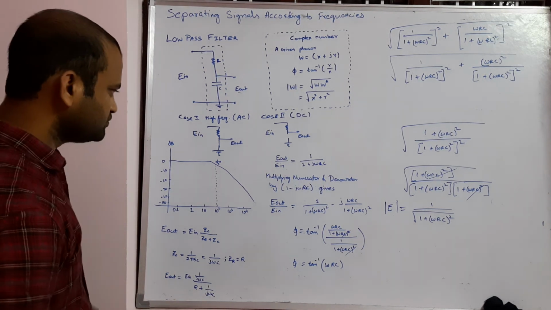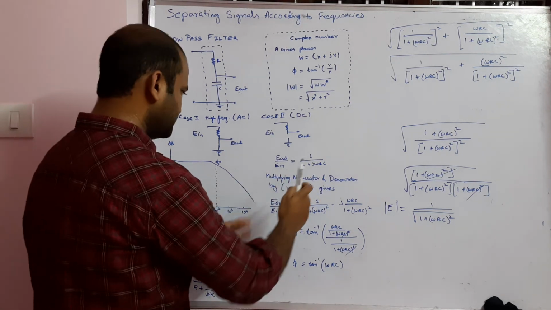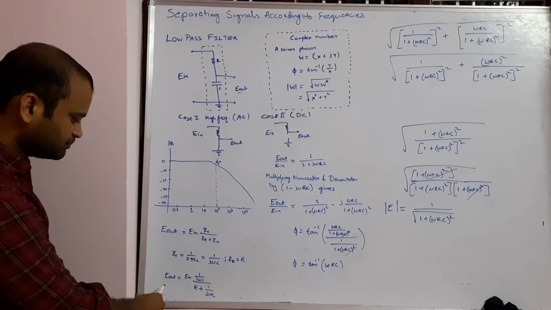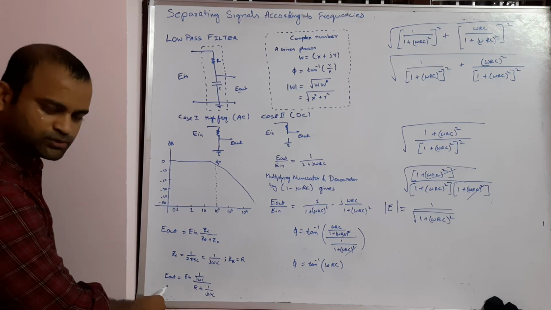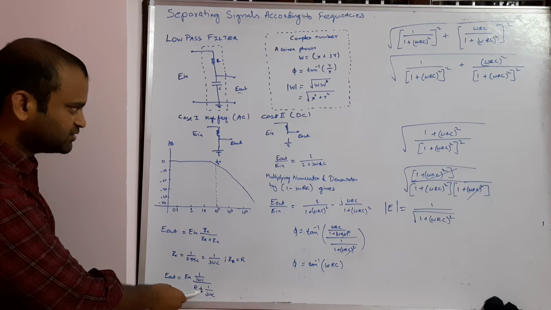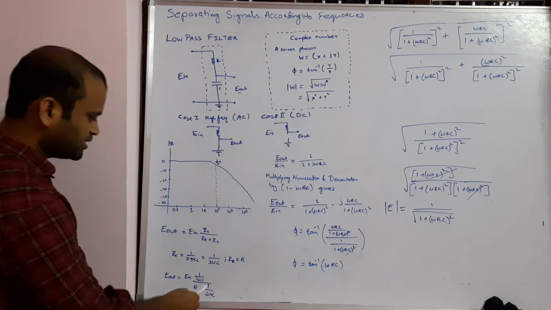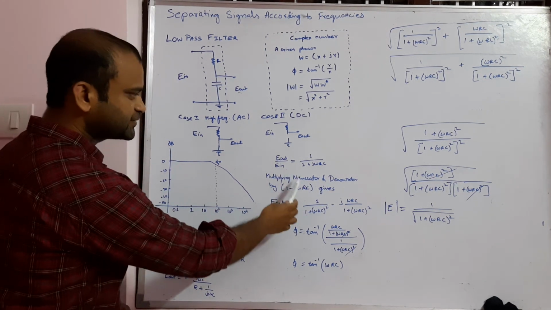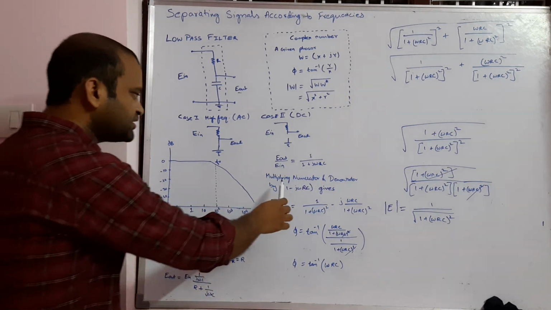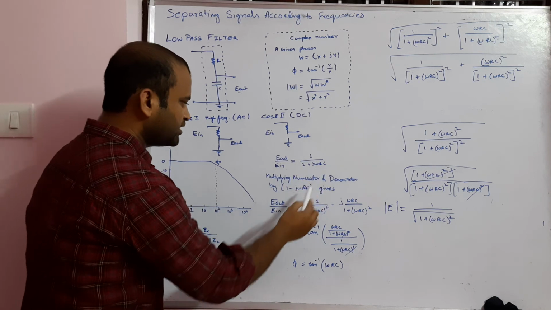Now if we move E in below E out towards the left-hand side and simplify this equation, we get E out by E in is equal to 1 by 1 plus j omega RC.